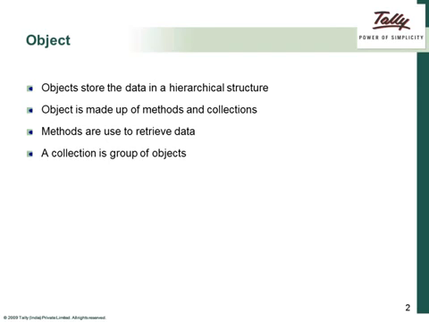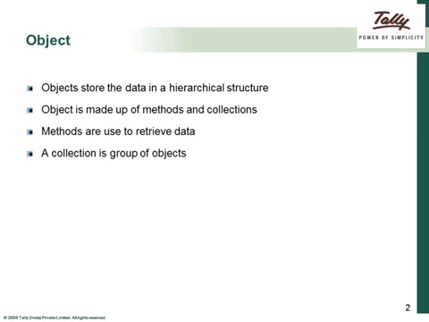The primary object is made up of methods and subcollections. Methods are used to retrieve the final data, and a subcollection is a group of sub-objects. Am I making sense now?